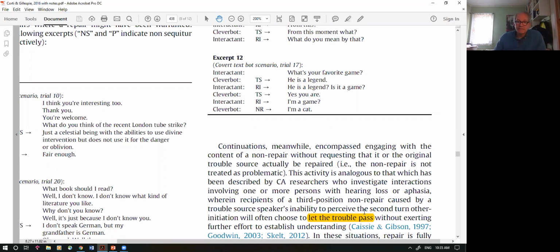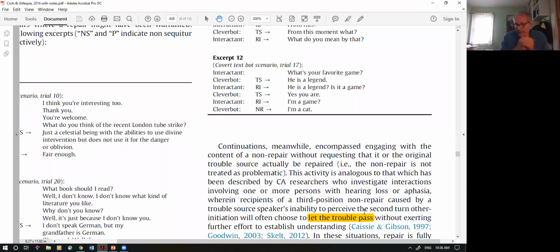It's not important to stop the interaction at that point and work it out. In examples of people with aphasia or hearing loss, that happens quite a bit, because it doesn't make sense to spend a lot of time doing repair work if it's not productive, if you're not going to get anywhere with it. So those are exceptions.